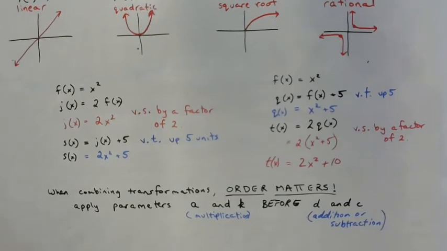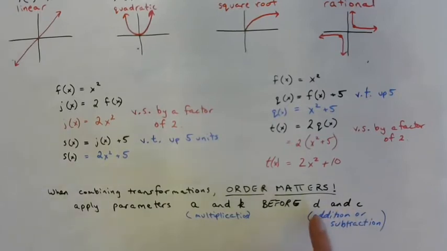So now on a test, when I say identify in the correct order the transformations to the function, you will know that you're looking for your vertical stretch, compression, reflection and your horizontal stretch, compression, reflection, which, by the way, doesn't matter which order you do those in. Those come before your vertical and horizontal, up and down, left and right translations.